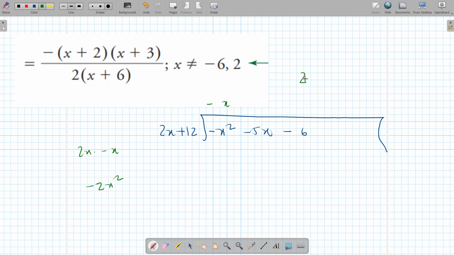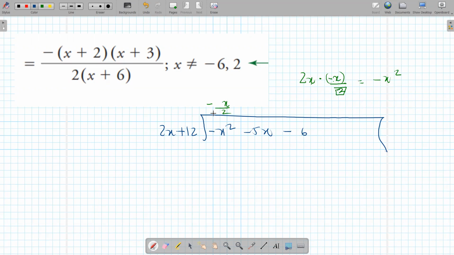Solve this equation: 2x times x over something is negative x squared. You see it? X times negative x is x squared. We need to kill the 2. It's going to be negative x over 2. Right? 2x times negative x over 2 would be negative x squared. If we just had negative x, then you'd get negative 2x squared, which is not what we have in the dividend.